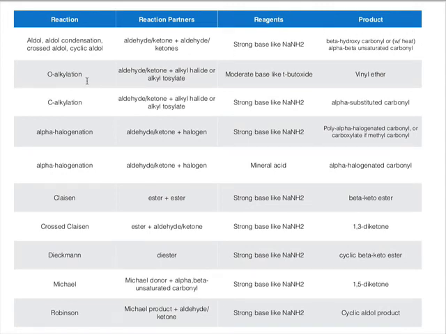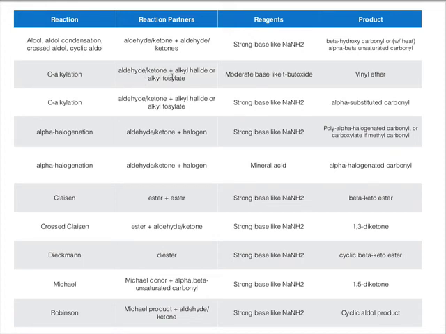We did O alkylation and C alkylation. We can control O alkylation versus C alkylation by using either a moderate base like t-butoxide for O alkylation or a strong base like NaNH2 for C alkylation. In either case, we need an aldehyde or a ketone plus an alkyl halide or an alkyl tosylate.